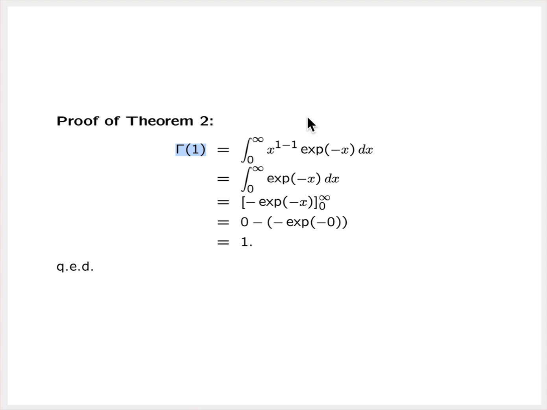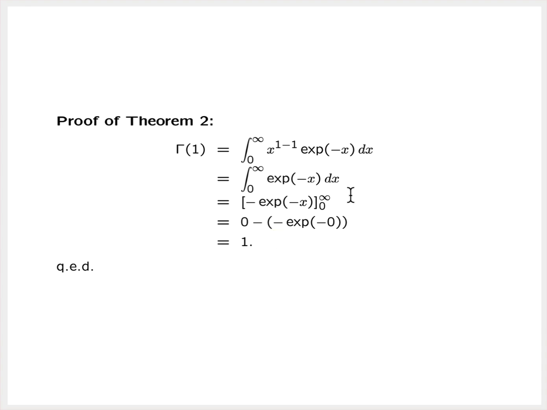Now, x raised to the 1 minus 1 power, in other words x raised to the 0 power, is just 1, and so we're left with the integral over the positive part of the real line of the exponential function evaluated at negative x. We've actually shown in the discussion on the exponential function that this function integrates to 1 over the positive part of the real line, and so we have the result.